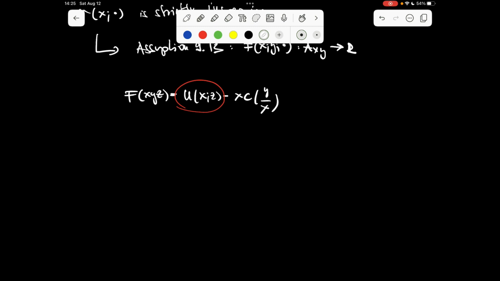Given that the market demand function is strictly increasing in z by assumption, the area under the curve is also strictly increasing in z. So assumption 9.13 holds.